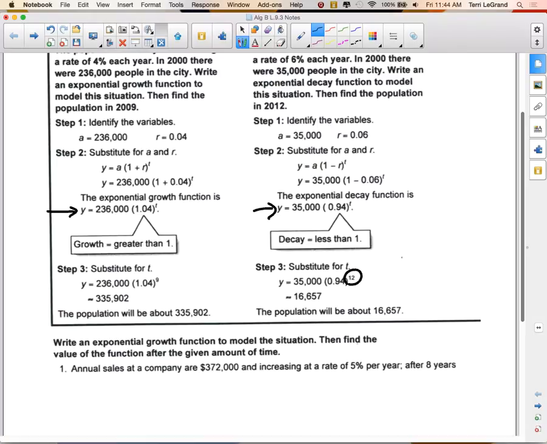What's the population of that increasing city going to be in the year 2020? The increasing one. Go ahead, Calvin. Find the population of the city that is increasing in the year 2020. Use the model.